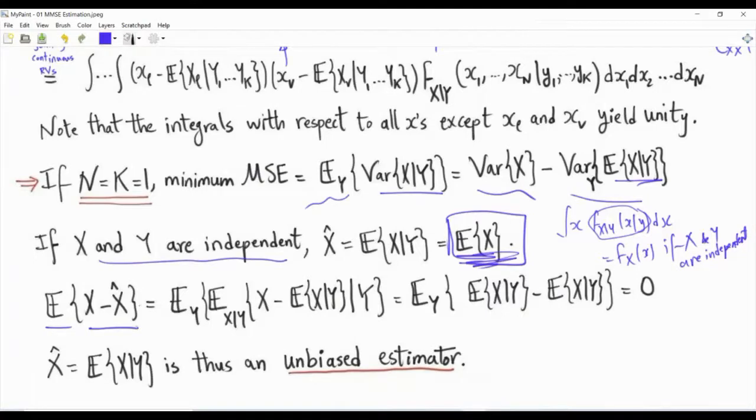Now, what if we take the expectation of x minus x hat? No, it's not the MMSE. The idea here is that you have a problem in your choice of the observations. So if you want to estimate x, go and observe random variables that are dependent on x.